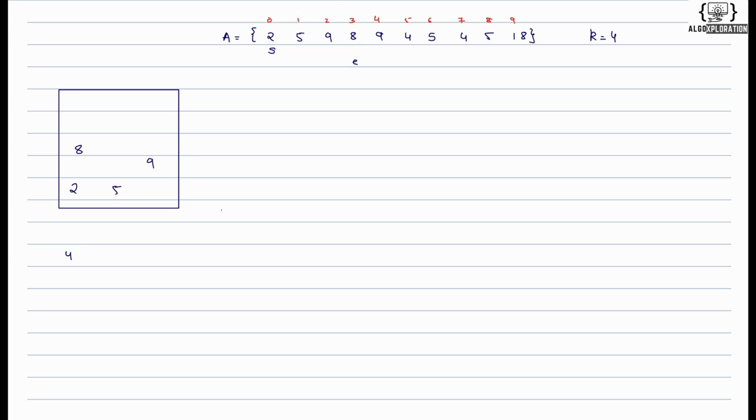Now let's move the window. S will be here, E will be here. When I move S from 0 to 1, this element will be deleted, and E will be moving from 3 to 4, so this value will be coming into the hash set. Let's first delete this value 2.